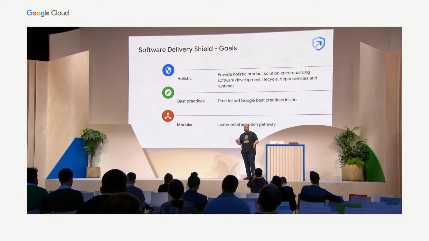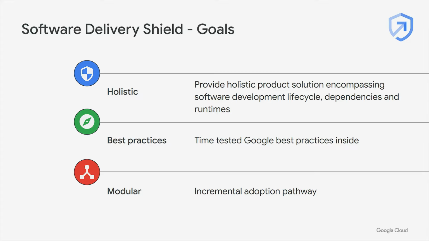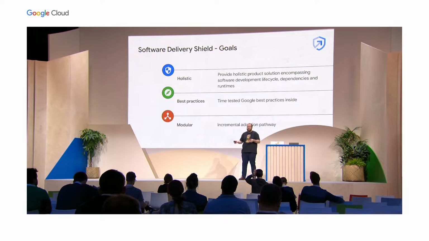Software Delivery Shield is a holistic solution. It really tries to help you from development all the way into the runtime. It's built on Google internal best practices like trust-based policy systems. And Software Delivery Shield is a modular approach. You can take all of the components together, or you can take individual components and integrate them with tools you are already running as part of your software processes.